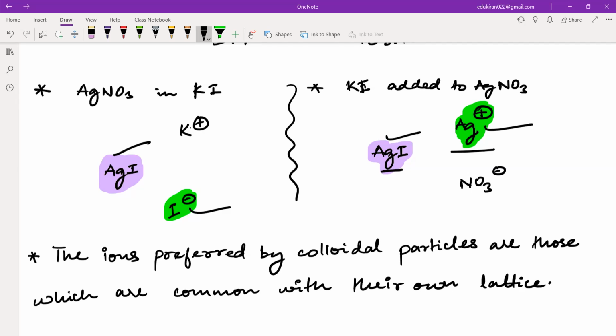So Fatima, Sania, Abir, and Faisal, all of you understood this line? Yes or no? The ions preferred by colloidal particles are those which are common with their own lattice. Okay, common with their own lattice.